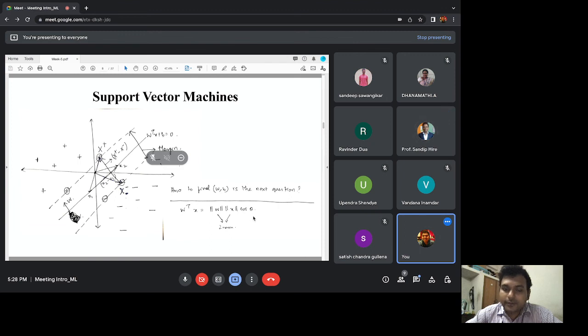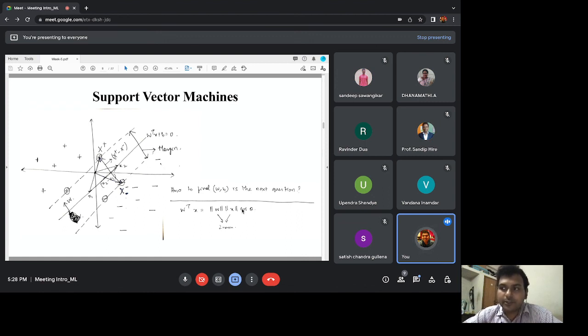If you get cos theta on the right hand side, then W transpose X is an operation which gives you an indication of the angle between two vectors, correct? Yes.